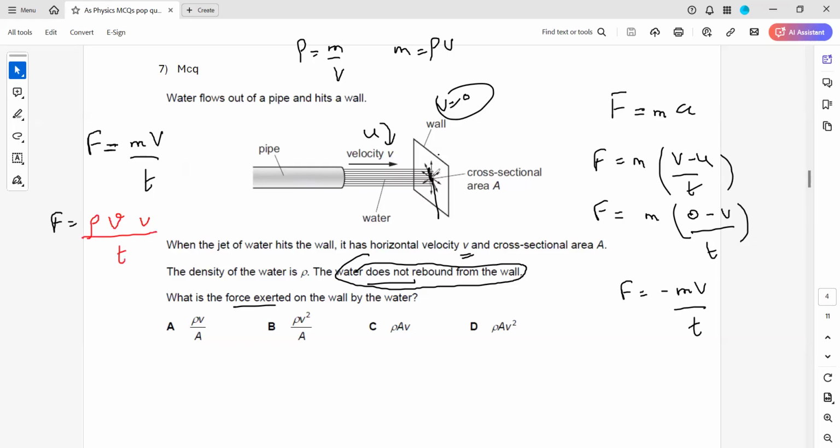What about the volume? We have the cross-sectional area at which it hits, and if this is a distance or length, the volume is area multiplied by length. So in place of volume, I can write area multiplied by length. So F is equal to rho.